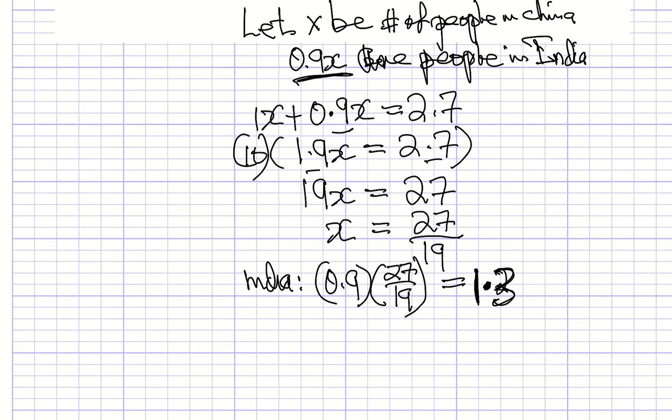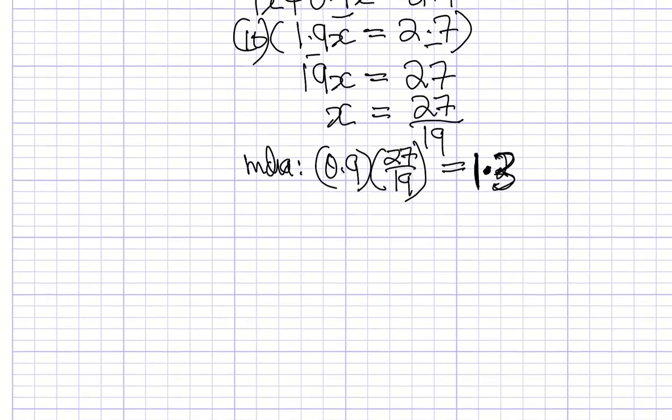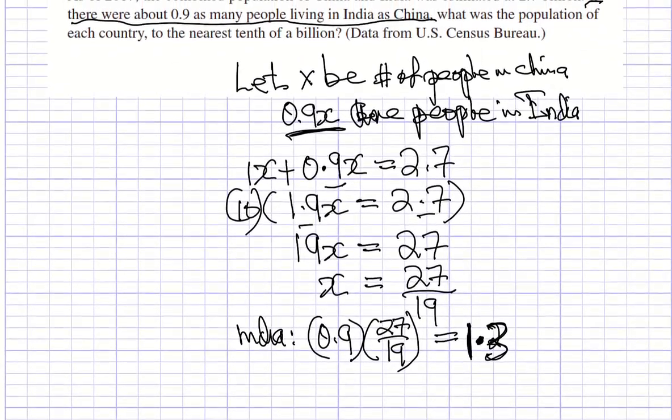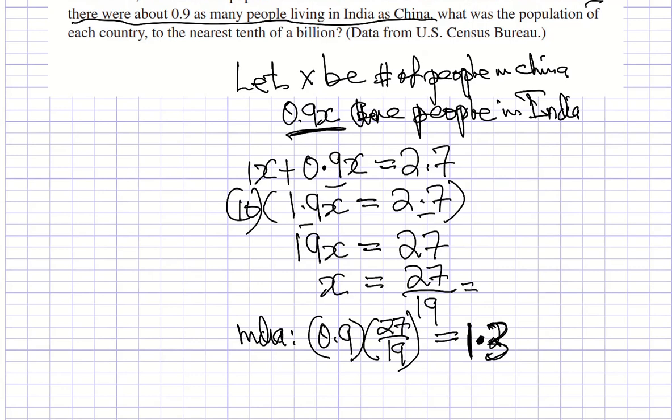You don't want to go to 2 decimal points. So it's approximately 1.3, okay? So that means if you put this one in fraction, what is that? Let's put that in fraction. That will be 27, because you know it's in billions, right? 27 divided by 19, it will be 1.4.